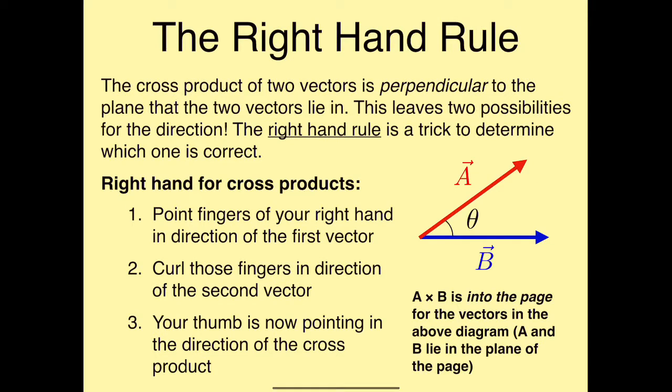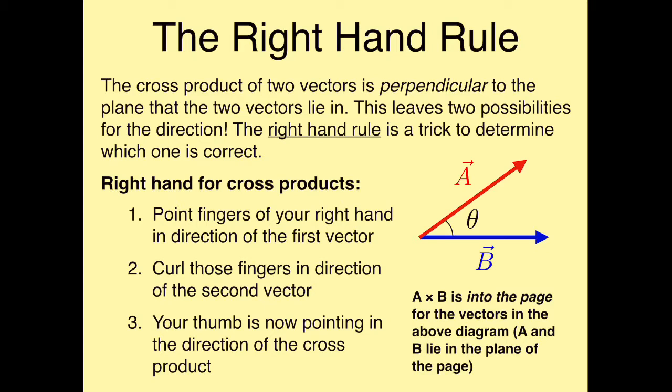That's not actually the whole story when it comes to the cross product of two vectors, because remember, we said the cross product is perpendicular to the plane that the two vectors lie in. If you think about it, that leaves you with two possibilities for the direction.